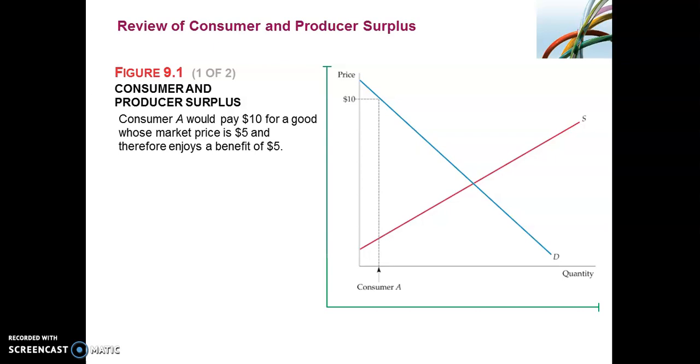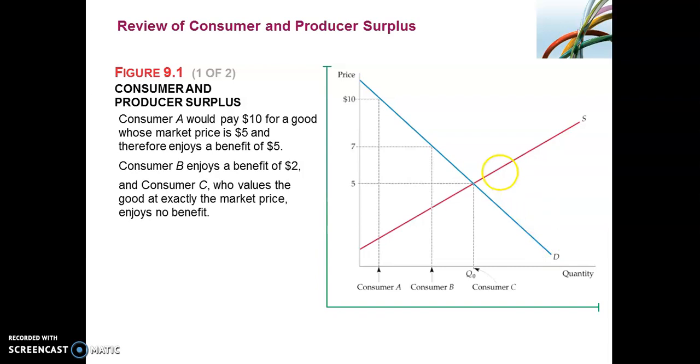Now, in this case, we are going to see that that market price is $5. So this is the market clearing price or equilibrium price, the market price, and this would be the quantity at that particular price. And I've determined that by the intersection of my market supply and market demand curves.